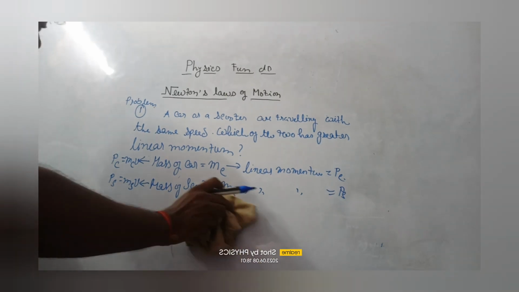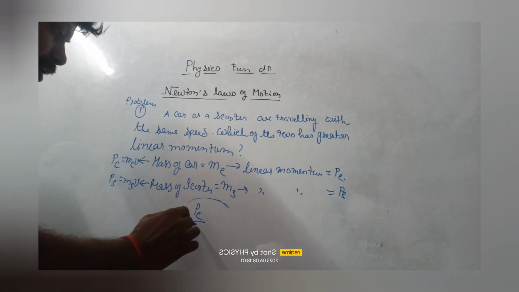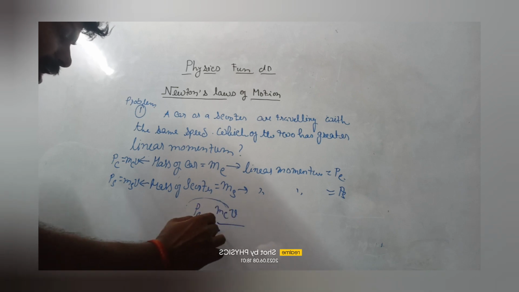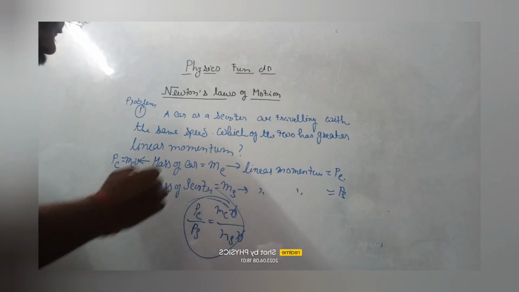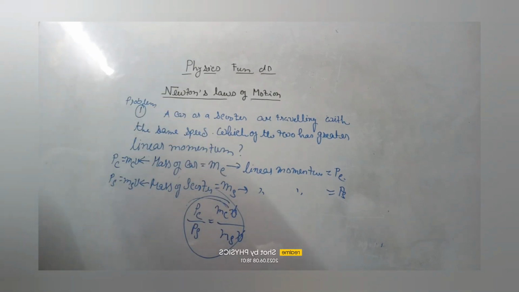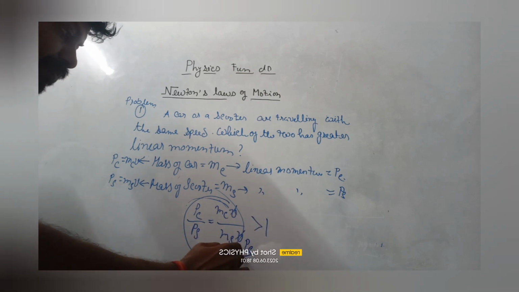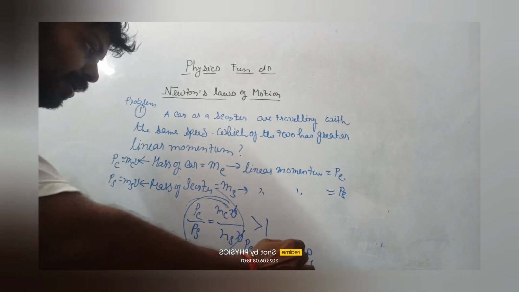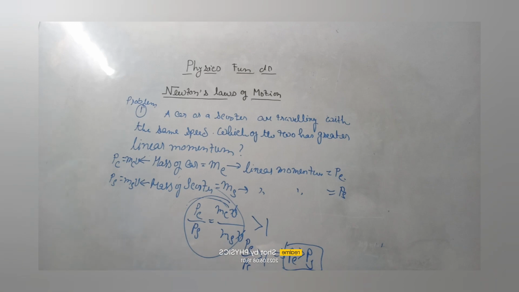Now take the ratio of them: pc by ps is equal to mcv by msv. V will cancel out, and the mass of the car must be greater than the mass of the scooter, so the ratio is greater than 1. So we have pc by ps is greater than 1, so pc is greater than ps, which is the answer.